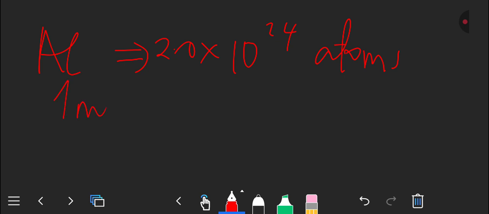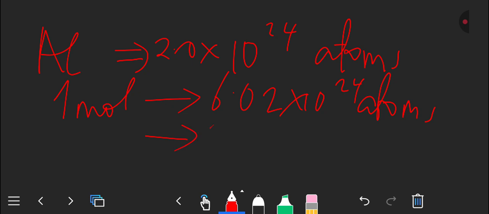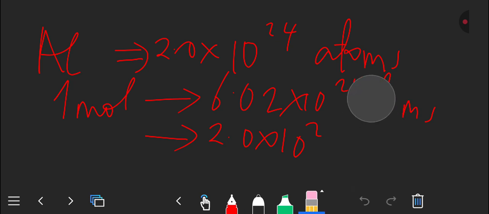You just use this proportionality ratio, which is 1 mole is equal to 6.02 times 10 to the power 23. Since we are dealing with atoms, we say atoms.